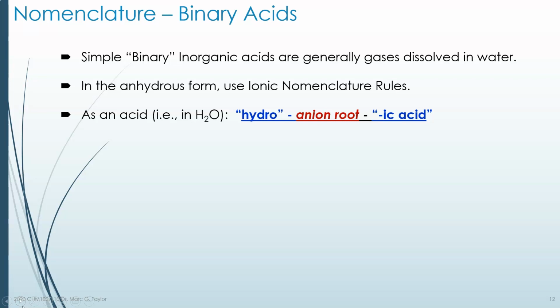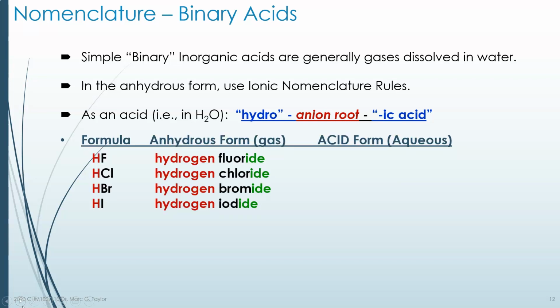We would say hydro because there's a hydrogen in it, and then we would use a root word that represents the other atom. So that's our anion root, and we would end it with ic acid. So, for example, HF is hydrogen fluoride gas, HCl, hydrogen chloride gas, HBr, hydrogen bromide gas, HI, hydrogen iodide. And these are all the anhydrous form.